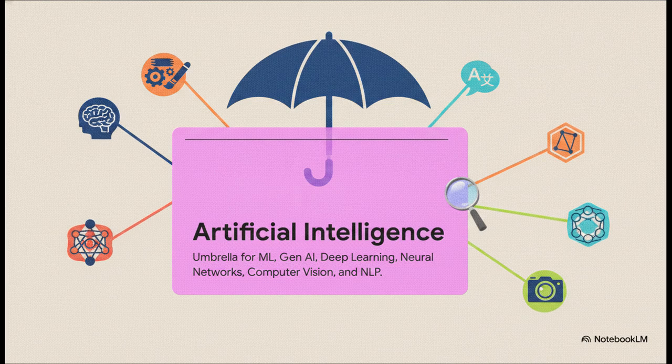But it also houses specific, targeted capabilities, right? Things like neural networks, computer vision, which is basically letting machines see the world, and NLP, or natural language processing, for understanding text. Simply put, if a machine is doing something that normally requires human intelligence, it safely fits right under this massive AI umbrella.